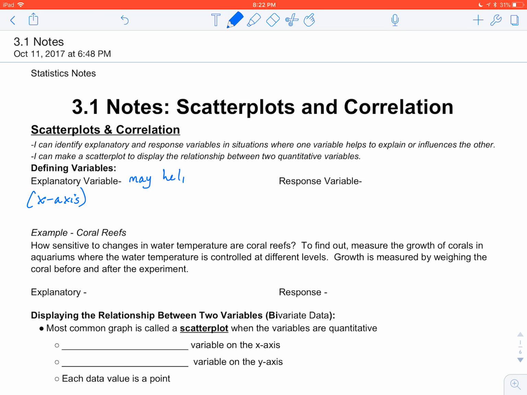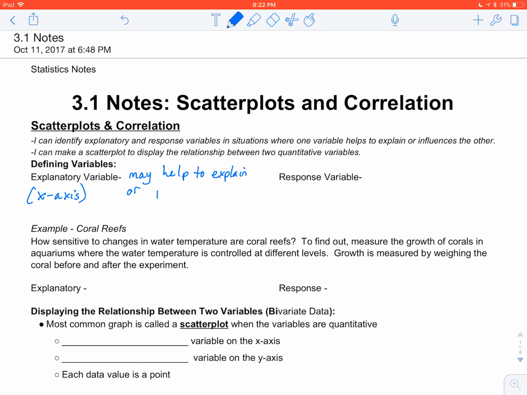It may help to explain or predict changes in a response variable. So how well is it explaining what's changing in the response variable? Like I said before, it's also referred to as an independent variable.